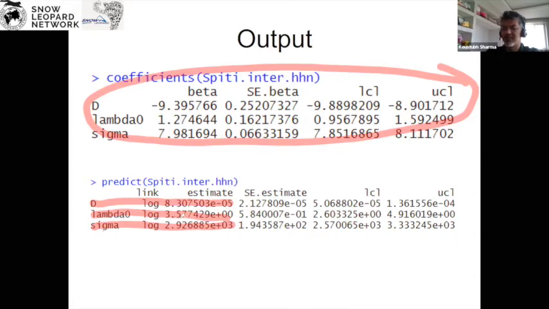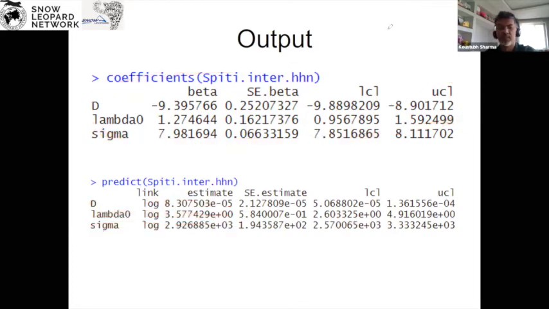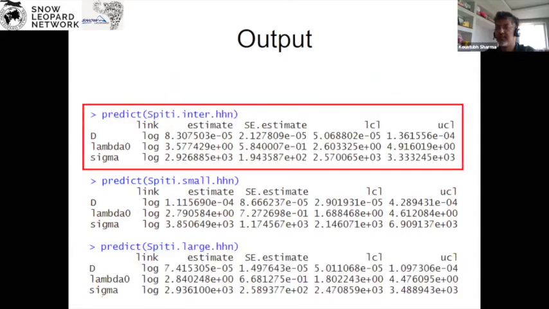For a lambda 0, which is indicating there could be 3.5, 3.6 animals captured if your traps are at the activity center, and then sigma of 2.9 kilometers, which is roughly around 3 kilometers as we knew in this particular case. So this is the third design.